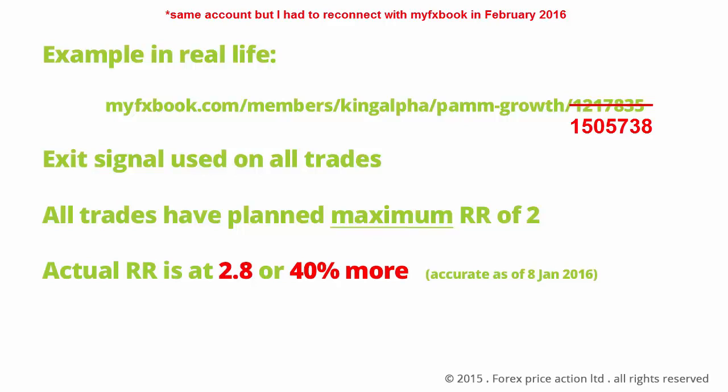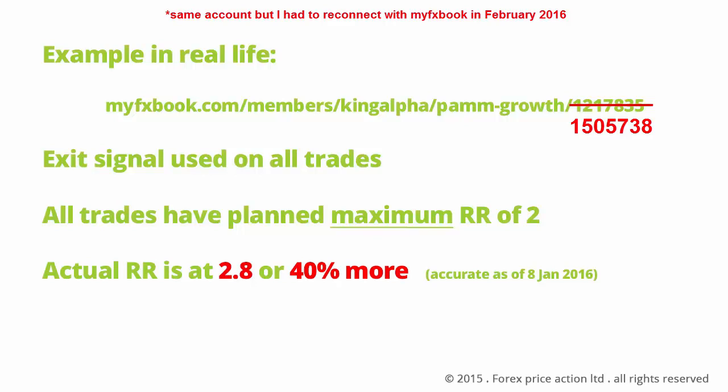Now, if you calculate the average win size and loss size by looking at the gains column in the history tab, you will find that my average reward-risk ratio is much higher than 2. At the time of making this video, it was at 2.8.